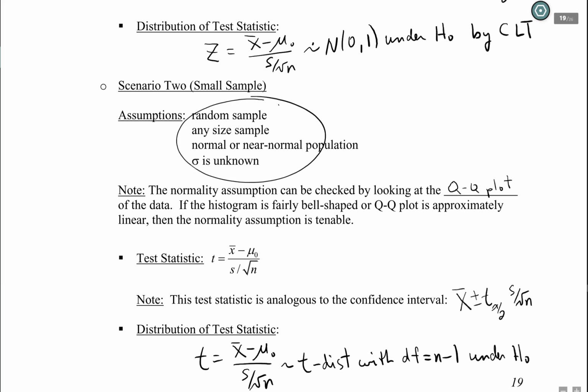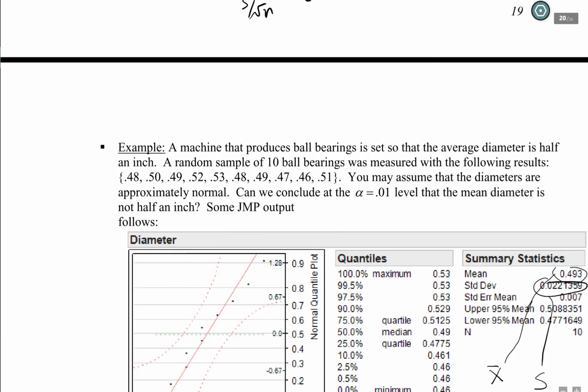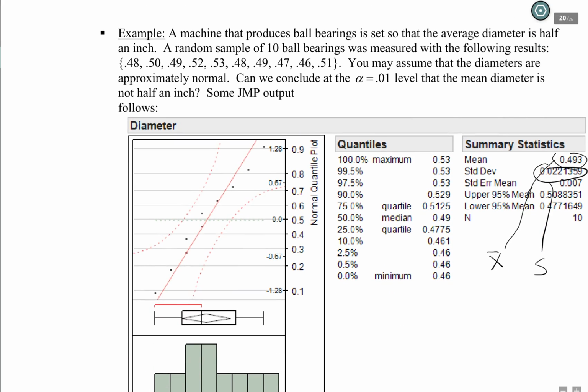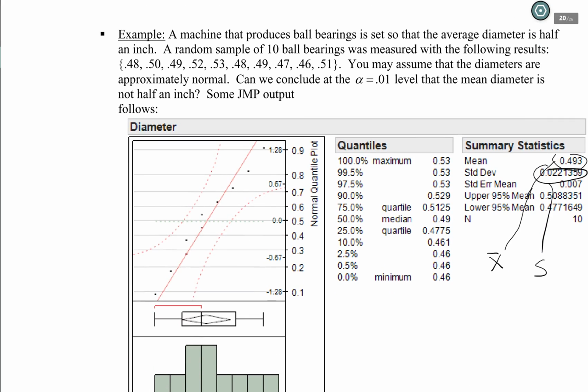Do we have a random sample? A small sample? Do we have a normal or near normal population? Is sigma unknown? So what we have here is a random sample, yes, and sigma is unknown.